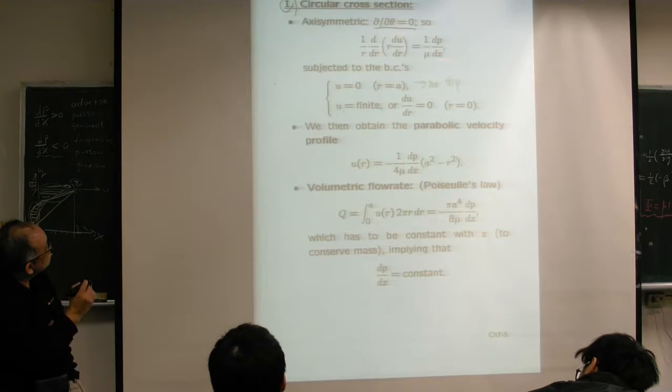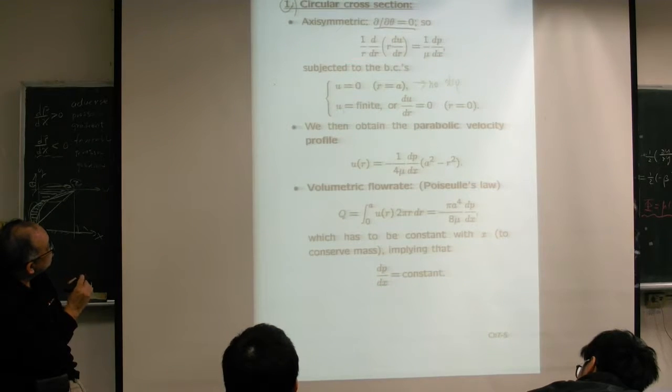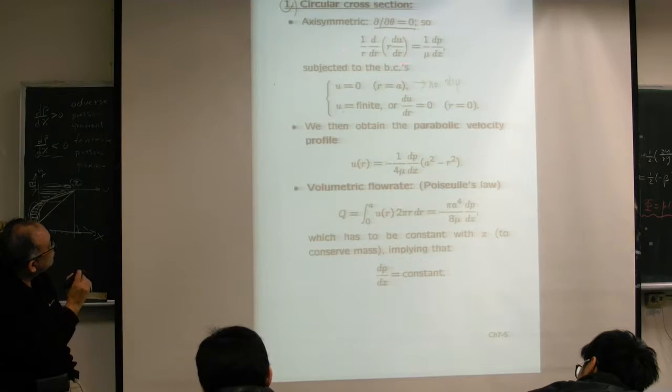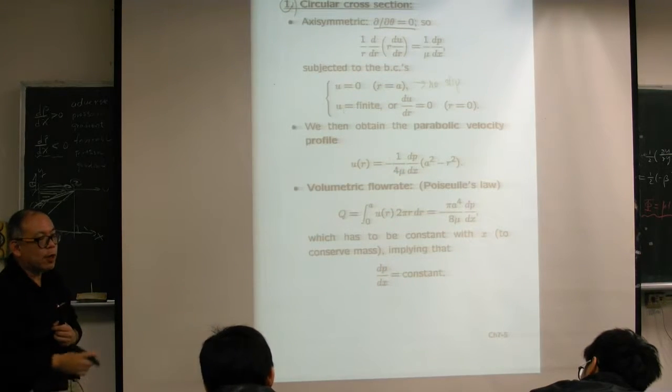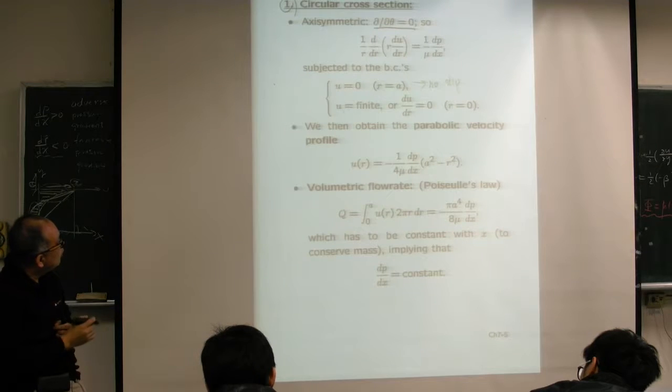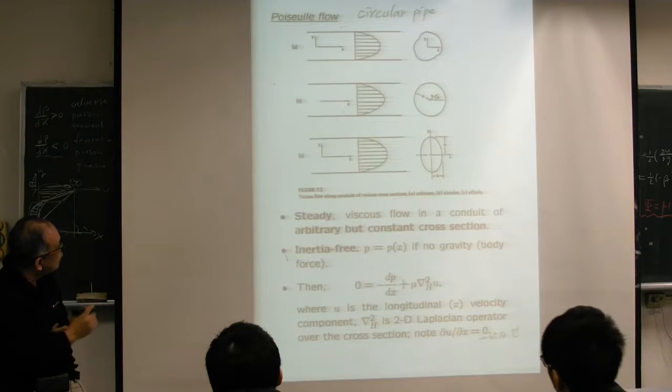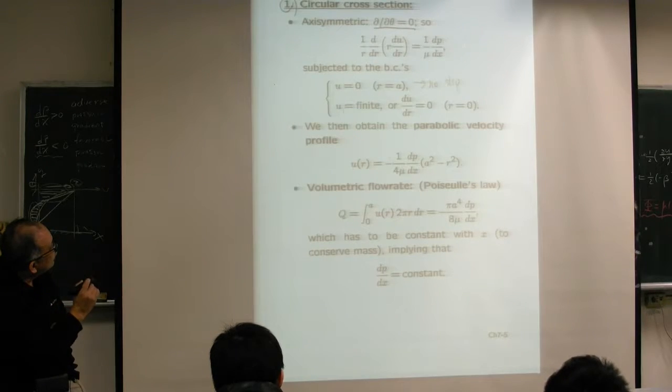If you use the cylinder coordinate system, this should be reduced to this. So that's the equation we should have. This u velocity is the x direction velocity. I'm sorry, this is the x direction. So that's the u velocity, and for this case we have to satisfy this equation.